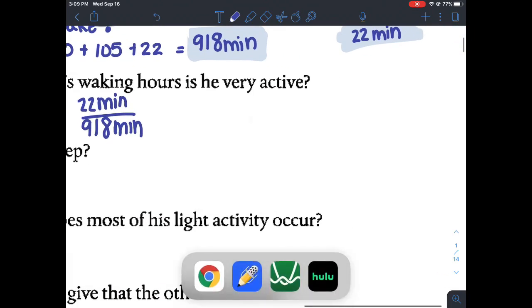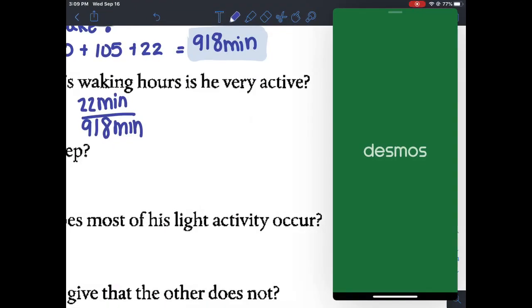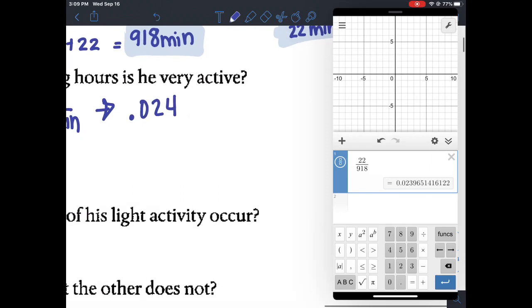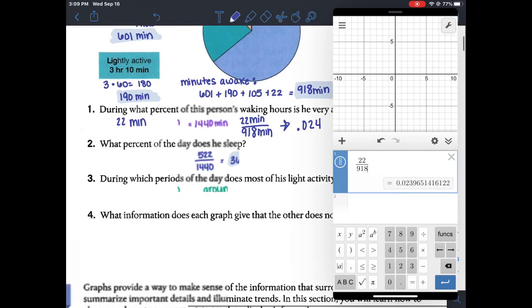I cannot do that division in my head. So we have 22 divided by 918, and that gives us 0.024. I'll round. So that rounds to 2.4% of the day he is very active.